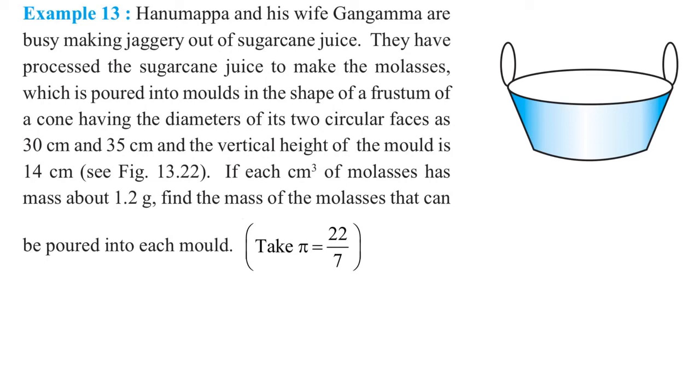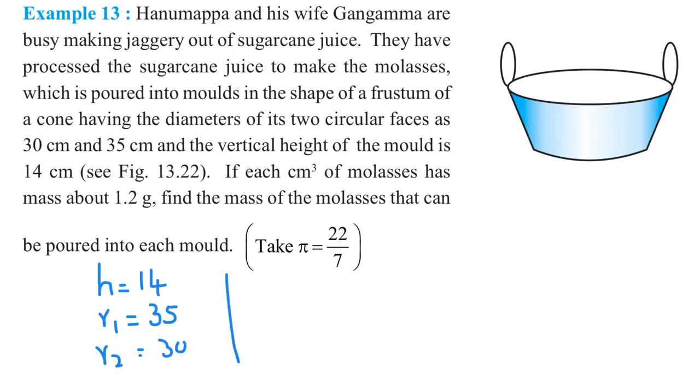Let's figure it out. First thing, let's identify the variables. Given the height is 14 centimeters, so we know that h is 14. So we can make a list here. The height is 14 centimeters, the bigger radius R1 is 35 centimeters, and the smaller radius R2 is 30 centimeters.